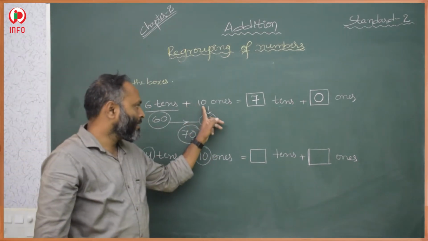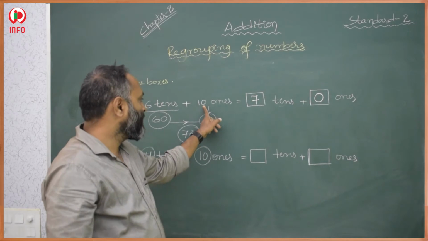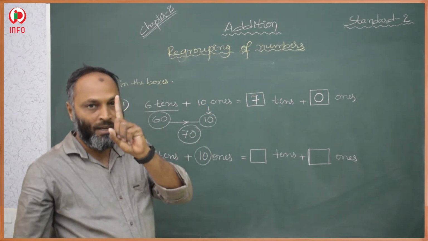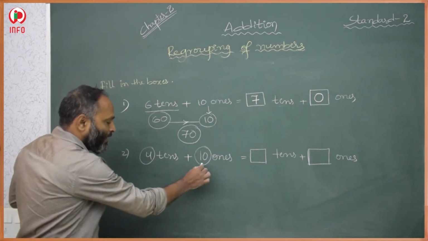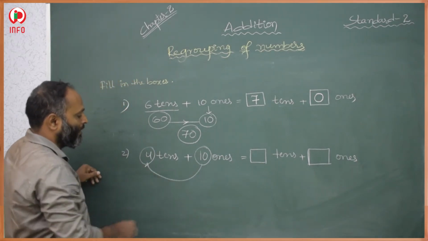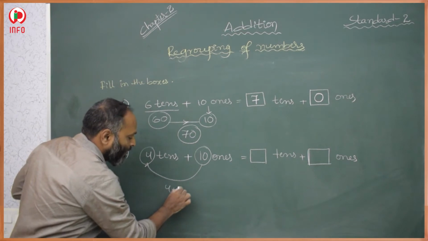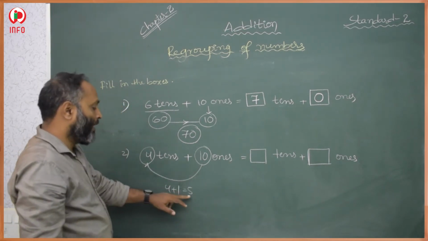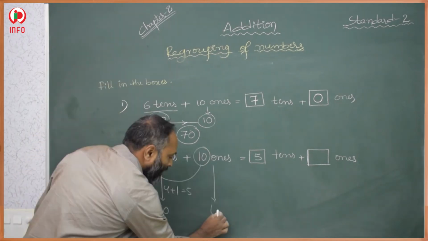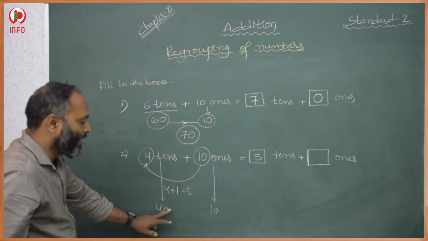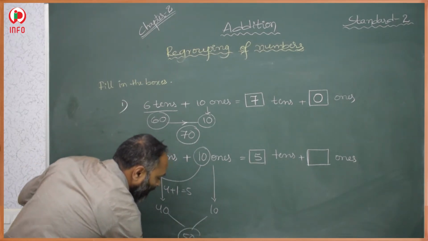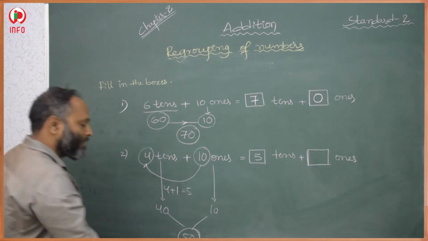We already discussed that 10 ones makes 10, which means we increase this 4 by 1, so 4 plus 1 gives 5. It becomes 5 tens. 40 plus 10 becomes 50, which means 5 tens.